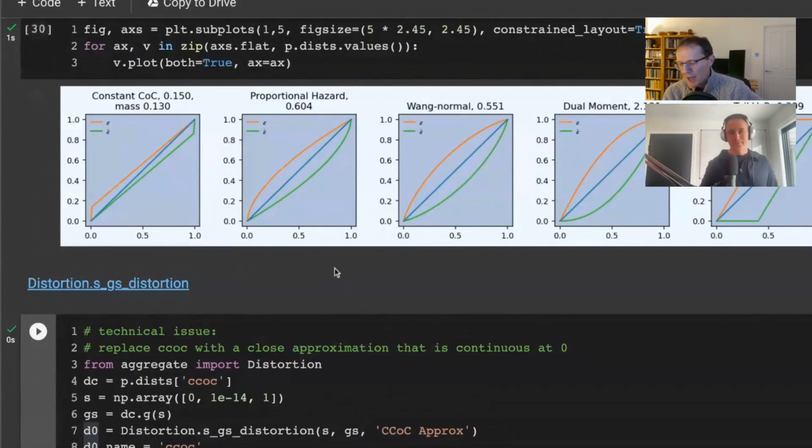They imply, as we will see, when we get to the allocations that they imply. Hopefully I've convinced you that the CLC one is more tail centric and the VAR one is more volatility centric. So in a way, you're going to try and find the distortion that matches what your investors are concerned about, because this function is telling you how your investors are pricing the capital they're giving to you.